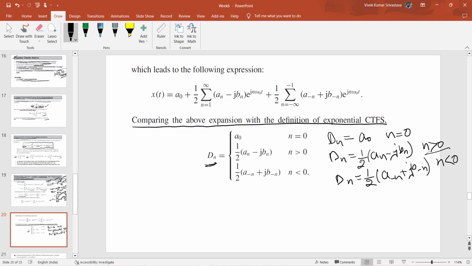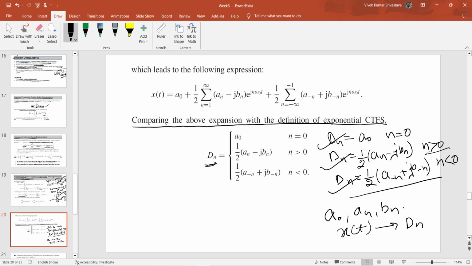So one can ask what is the purpose of using this relationship. If a naught, a n and b n are given to us, then instead of using a long procedure to first determine x of t and then determine d n, we can use this relationship to directly determine the value of d n.